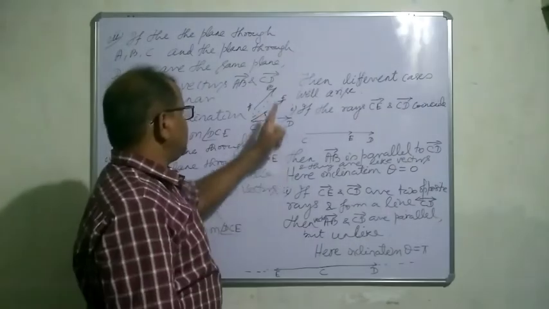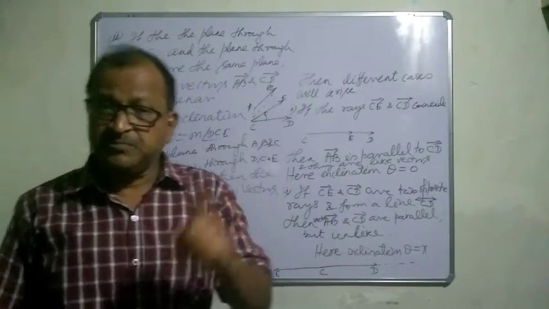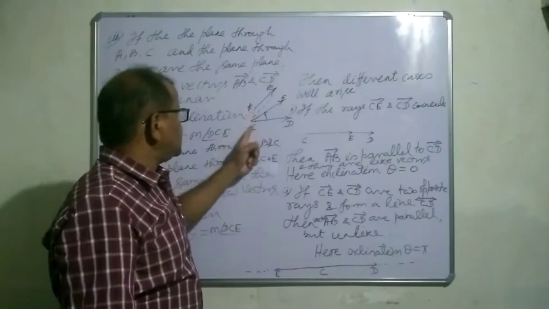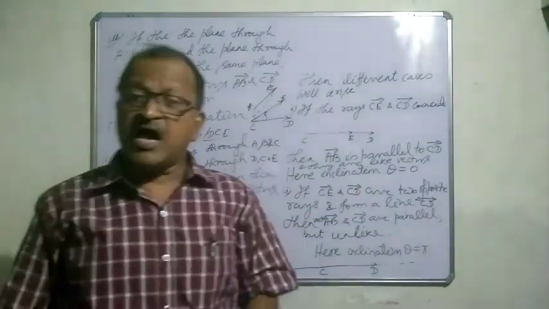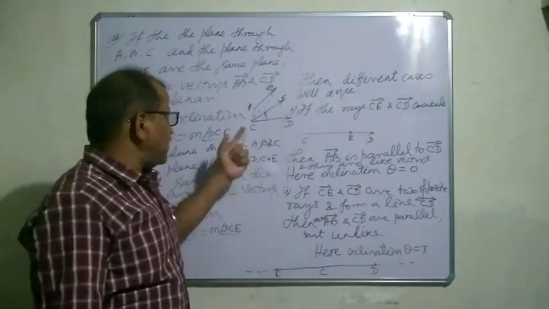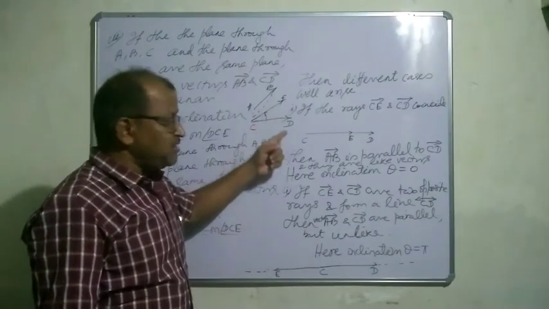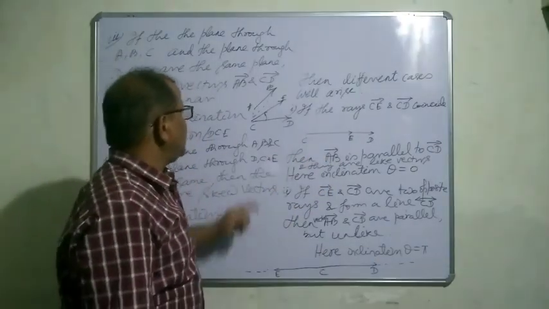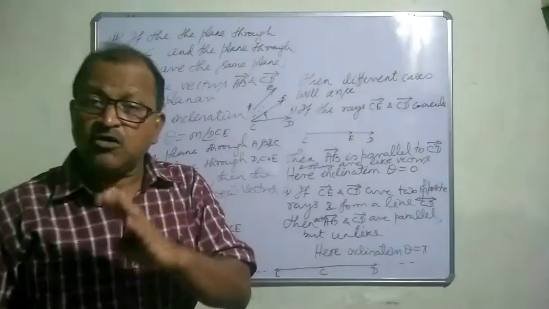But we cannot say whether ECD will lie on that plane or not. It depends upon D. So if the plane through ABC and the plane through ECD are the same plane, because C is a common point, then these two vectors AB and CD will be coplanar.